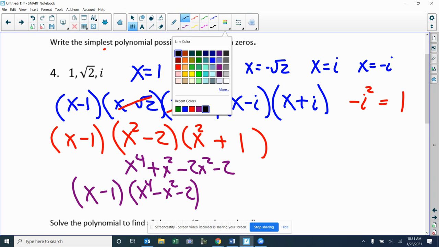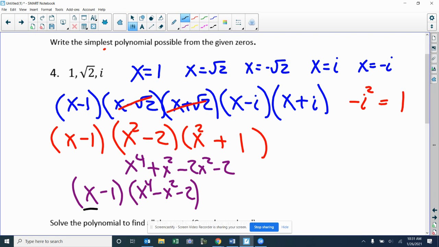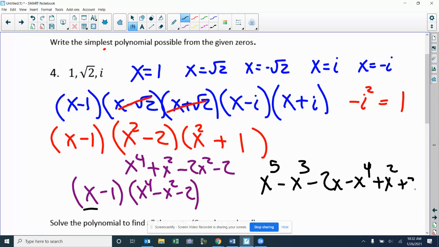Continuing on, x times x to the 4th will give me x to the 5th. That's going to give me minus x cubed, and that's going to be minus 2x. Negative 1 times that's going to give me negative x to the 4th. Negative 1 times negative will give me positive x squared, and then negative 1 times negative will be positive 2.